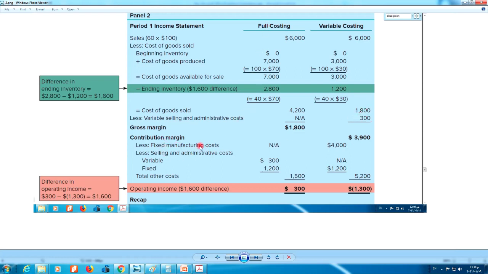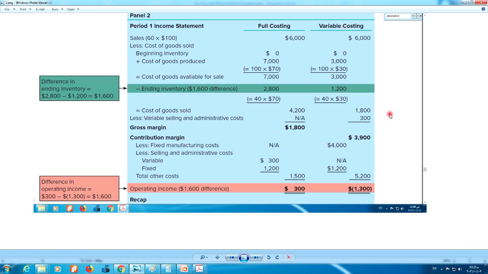Under absorption costing, we subtract from the sales all manufacturing cost, still non-manufacturing cost. Selling and administrative costs, variable and fixed, should be subtracted from the gross margin to reach the operating income.